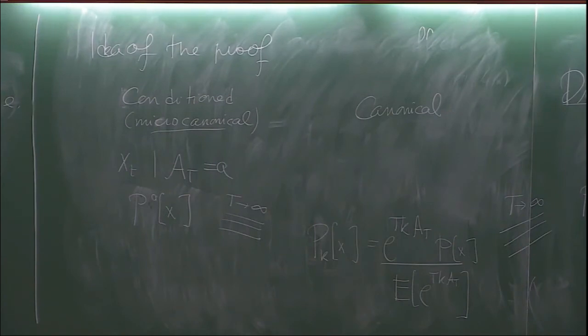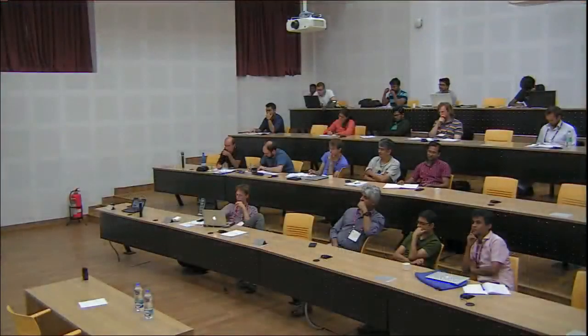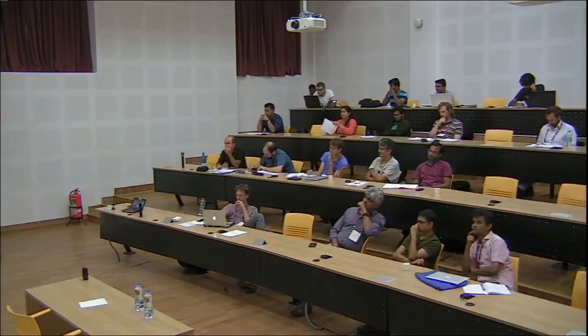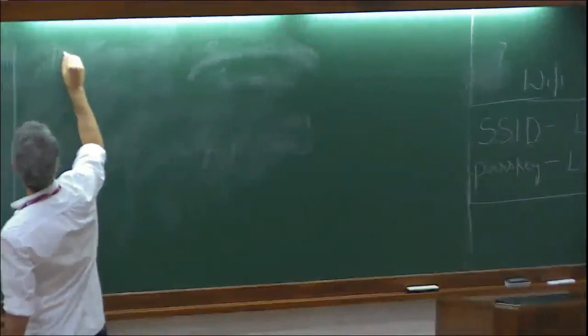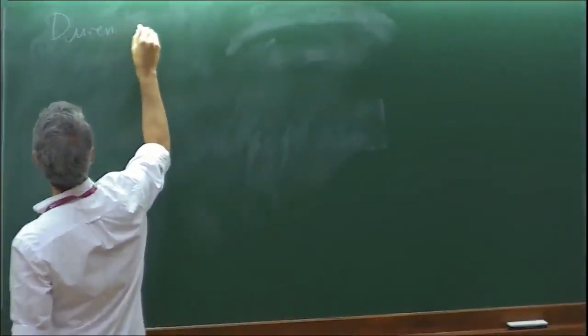Now what I want to do for the last 15 minutes is to do some examples. And before I do this, I'll just write down what is the effect of the Doob transform onto the original process. So I'm going to write down explicitly what the driven diffusion is.